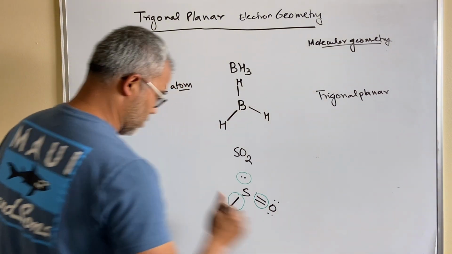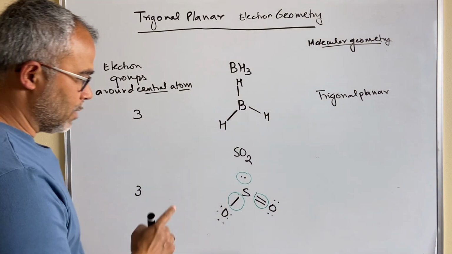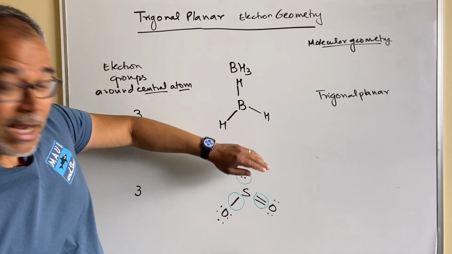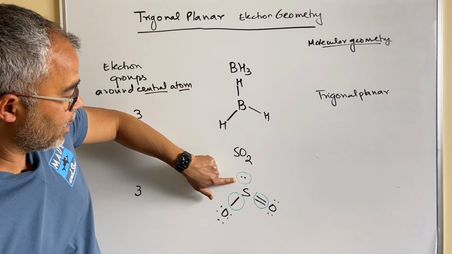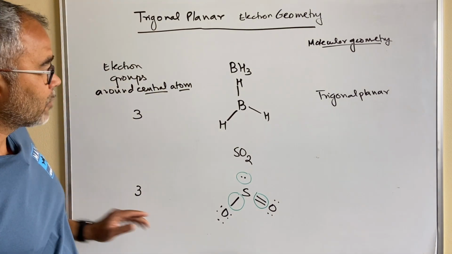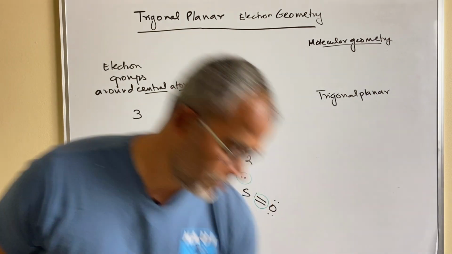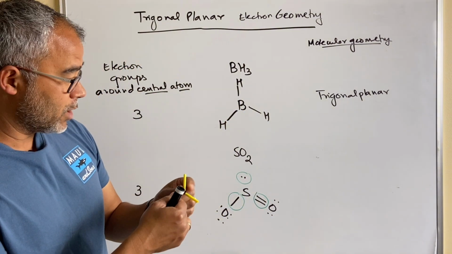So the number of electron groups is still the same, 3 electron groups. However, the molecular geometry out here is going to be dictated by the actual bonds and not the lone electron pair. So even though there are 3 electron groups, the overall electron geometry is trigonal planar, just like we looked at. But for the molecular geometry, we have to ignore the electron pairs.